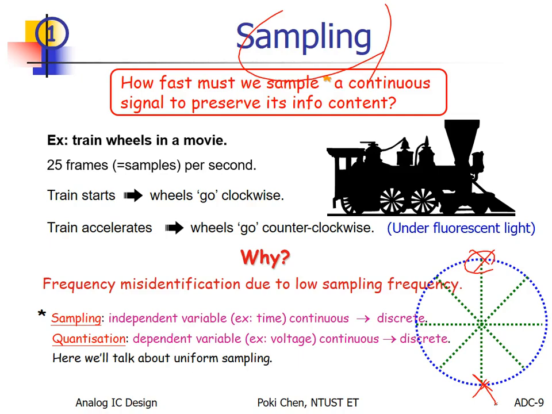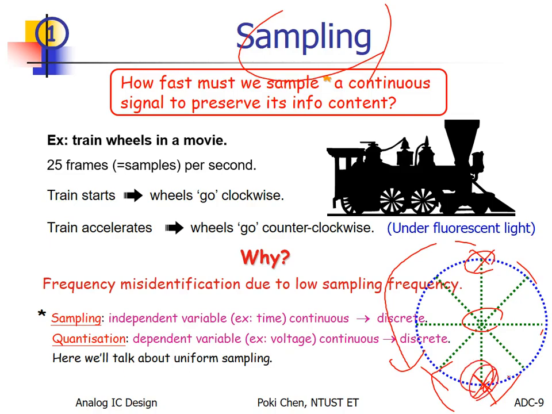Anyway, that is the maximum frequency. It flips 2 times per cycle. Beyond that, if you go faster here, the frequency actually is reversed and becomes smaller than this one.